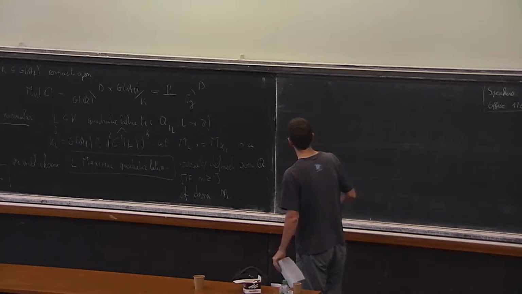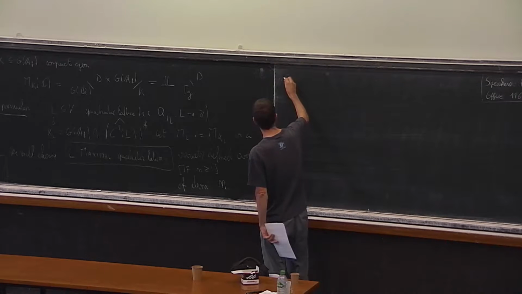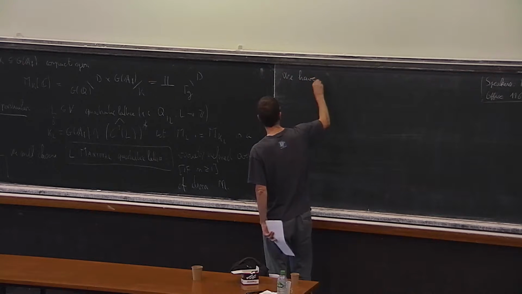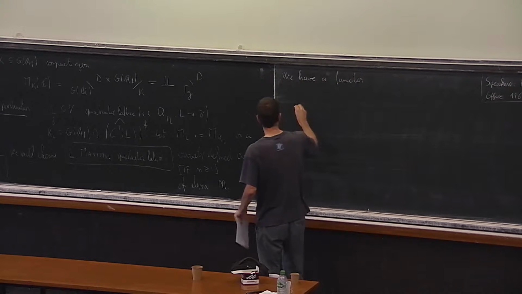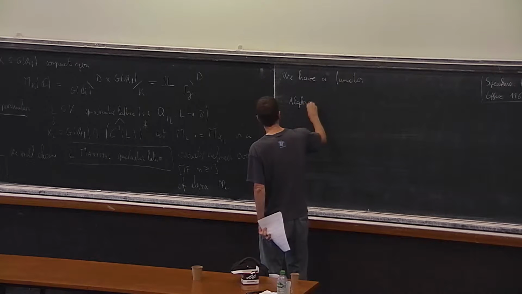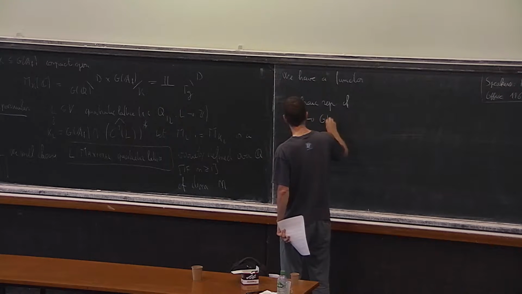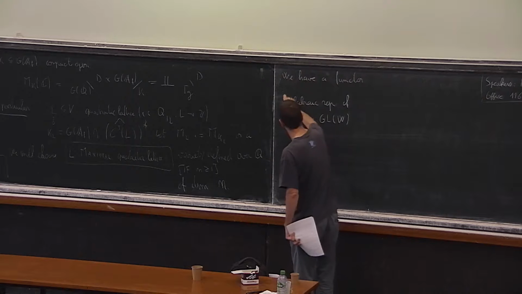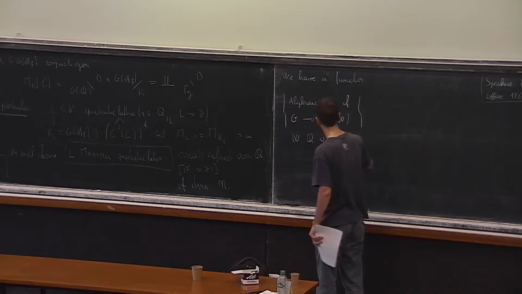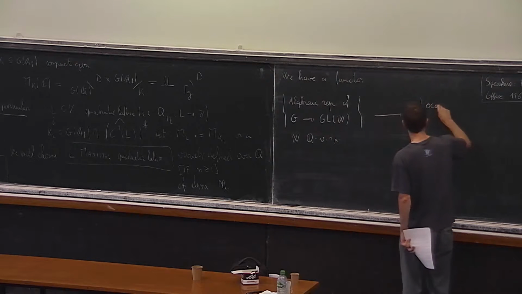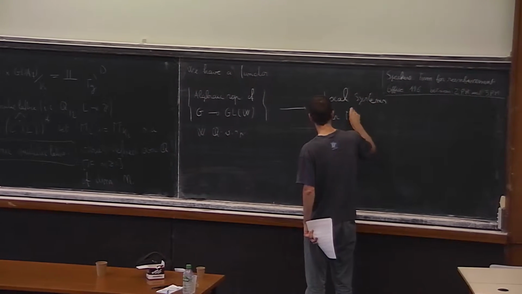So the remark is the following: we have a functor that goes from algebraic representations of G, so representations really on Q vector spaces, to local systems over M_{K,C}.